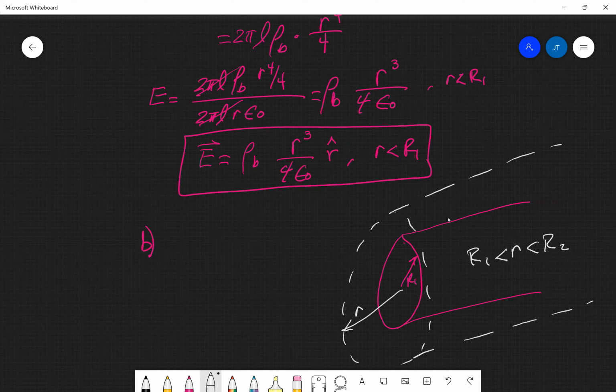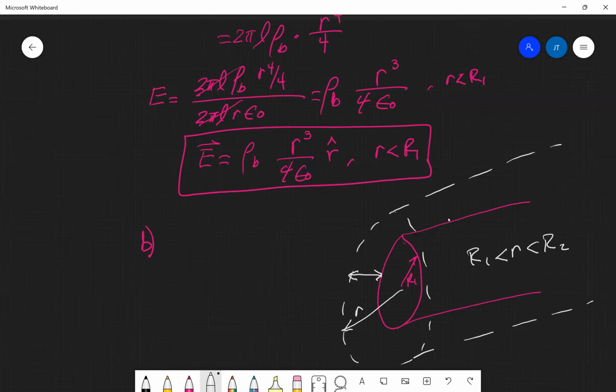Well, this basically encircles the whole cylinder. So whatever the total charge of the cylinder is, that's how much is enclosed. Now, I have to remember there is no charge in this region right here. It's just empty space. The only charge distribution that we have is from 0 to R1.